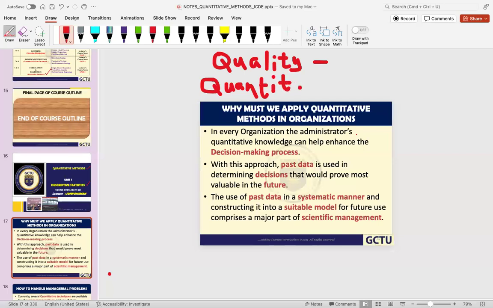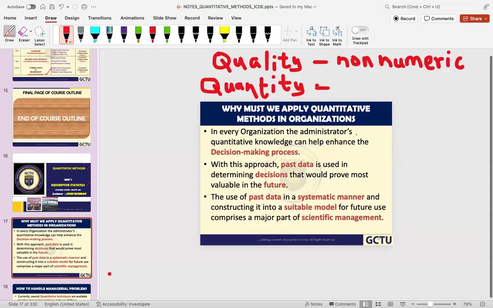These two give us two different ideas. Quality is non-numeric. When we say non-numeric, it means it is not reported in the form of a number. But quantity is numeric. It means quantities are reported with numbers.